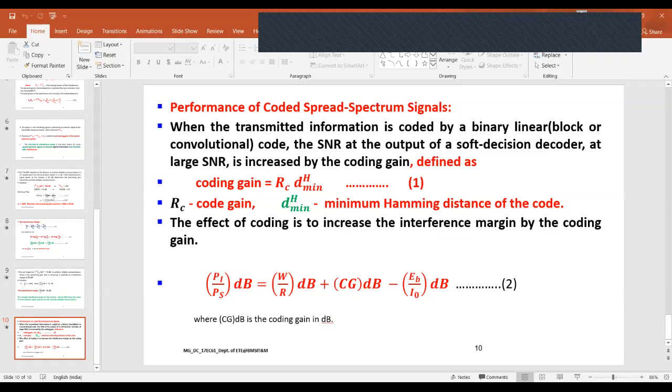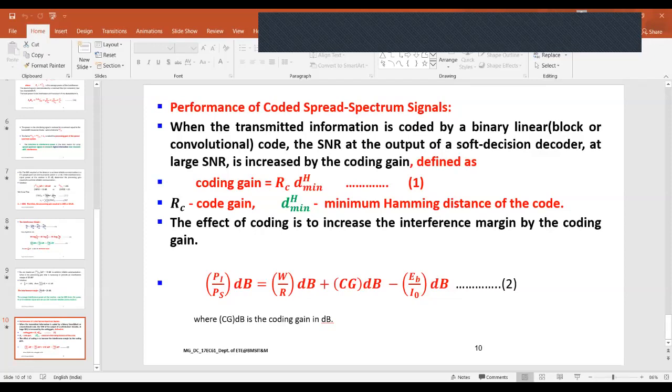So coding gain will be equal to Rc times d_min^H. Rc is the code rate and d_min^H is the minimum Hamming distance of the code. I think you are aware of what Hamming distance is. This is the expression for coding gain. The effect of coding is to increase the interference margin by the coding gain.